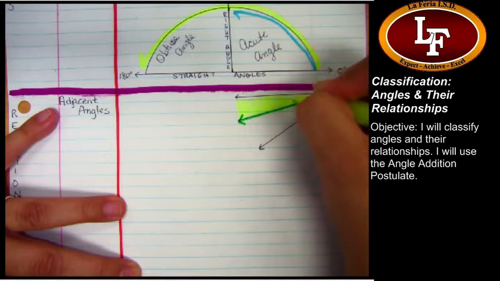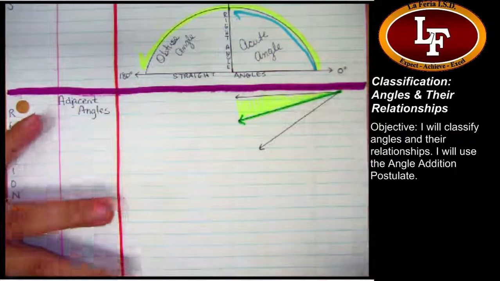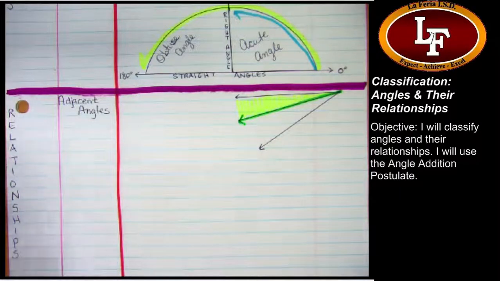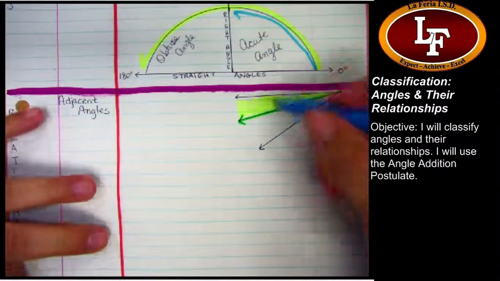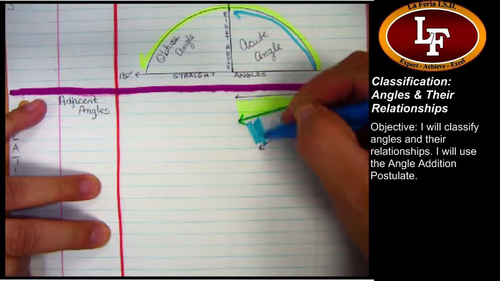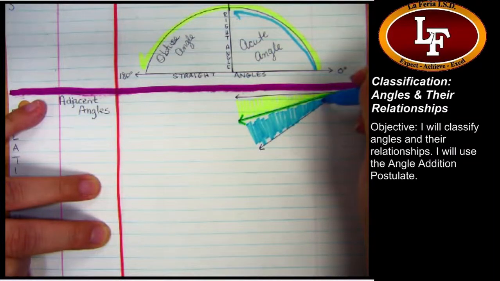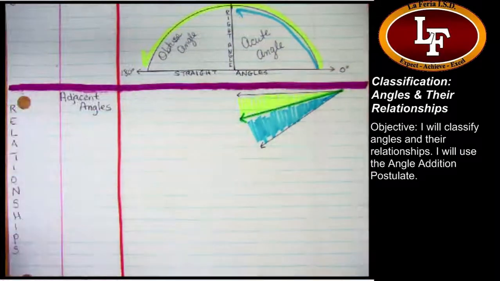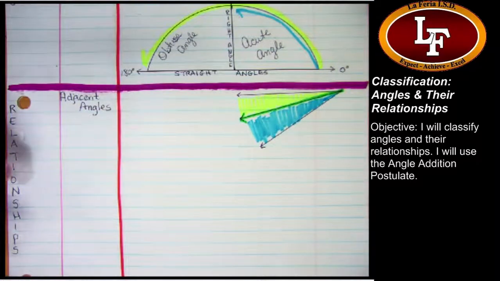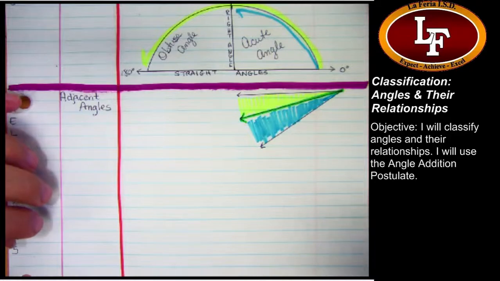So the interior of these angles aren't being shared between them, even though they're right next to each other, which is what the word adjacent means. Adjacent means right next to. They are sharing a vertex. They are sharing a side, but they're not sharing their insides.